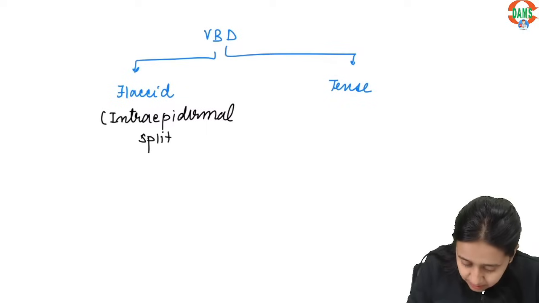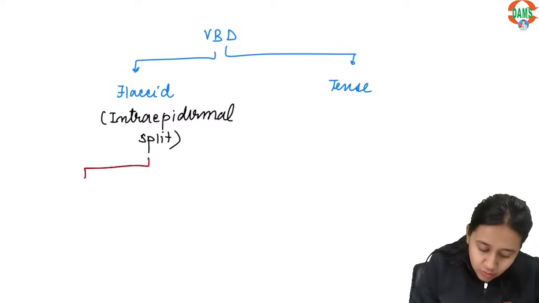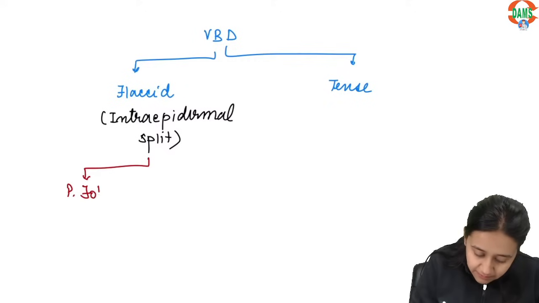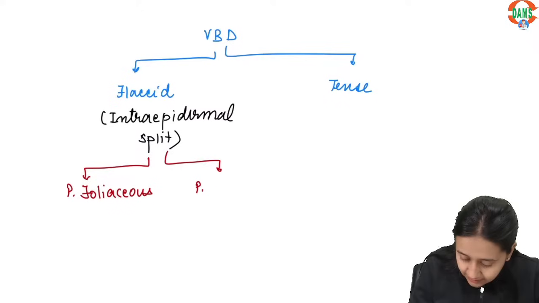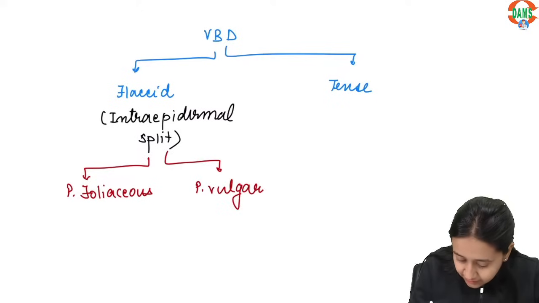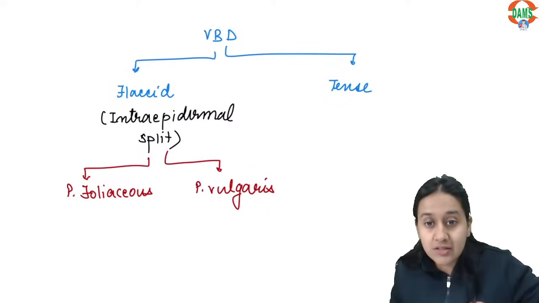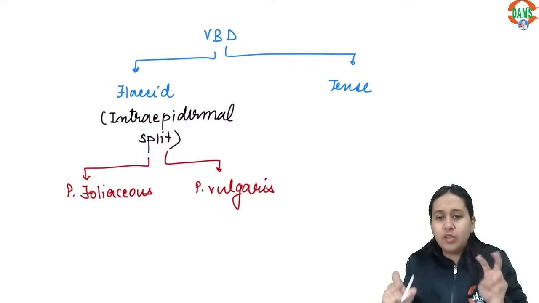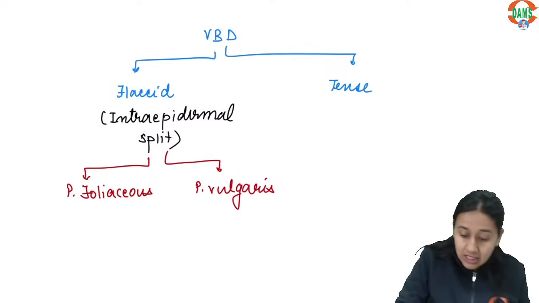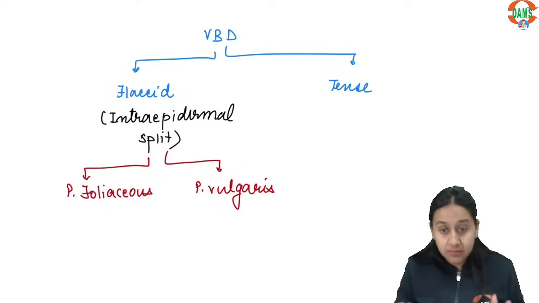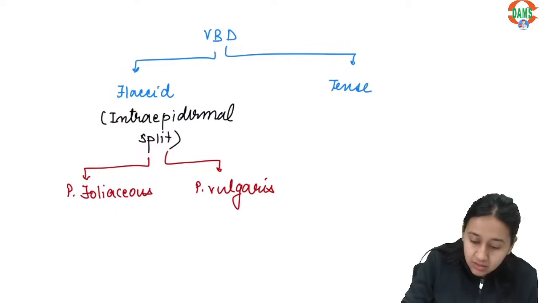And in intraepidermal split, we have to think of two differential diagnoses: one is pemphigus foliaceus and another is pemphigus vulgaris. So whenever you have a patient of vesiculobullous disorder with flaccid bulla, only two DDs should come into your mind more commonly or first.